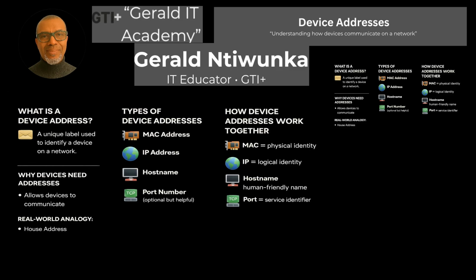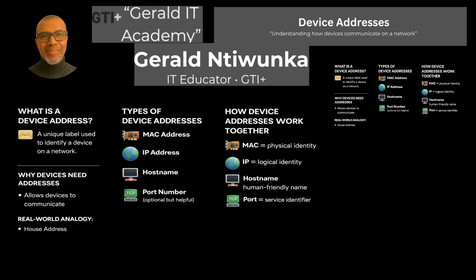Let me tell you, for a computer to send or receive information on a network, it needs a network address. You can think of a network address in much the same way as a mailing address for your house in a physical way.